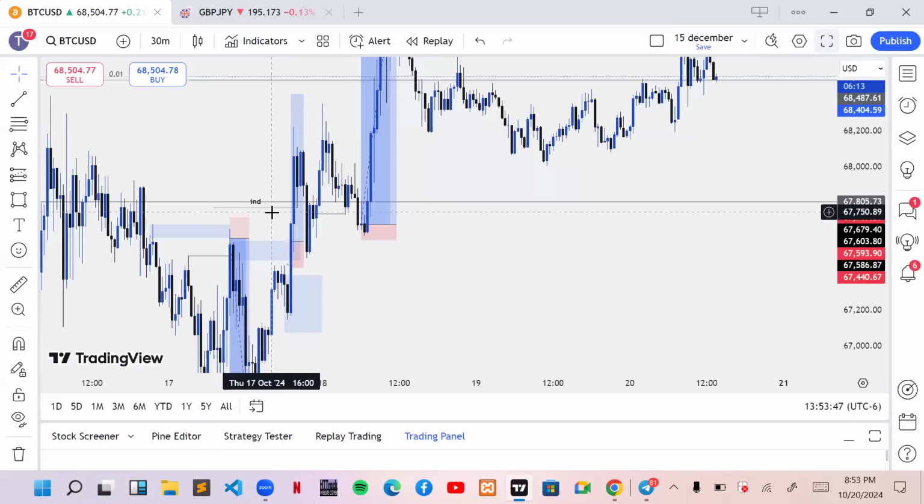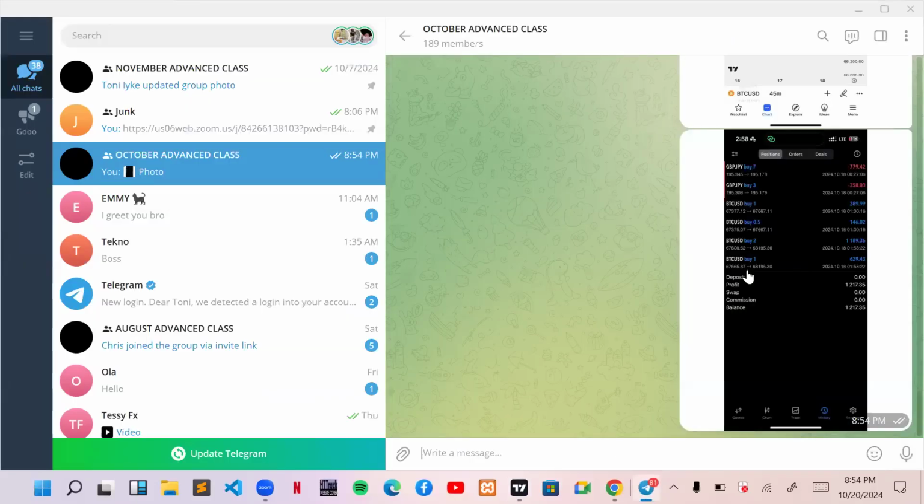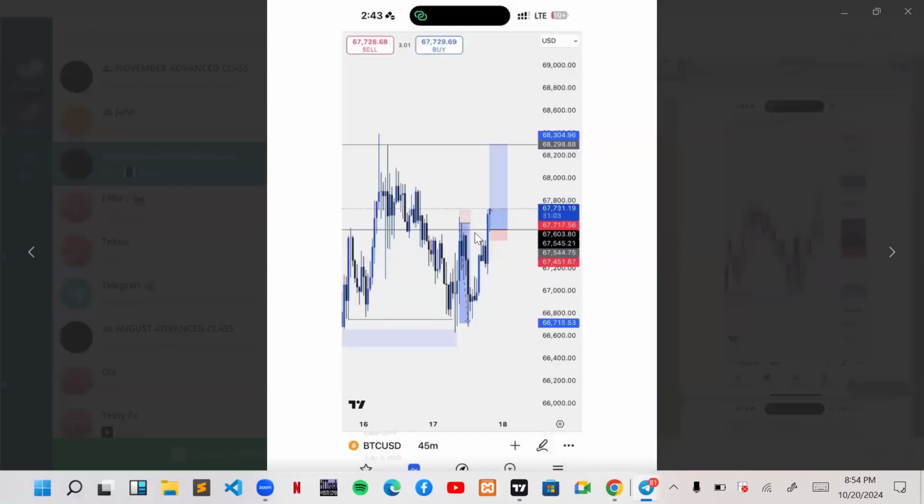Okay. So it was this trade here. So the entry was from the breaker block.